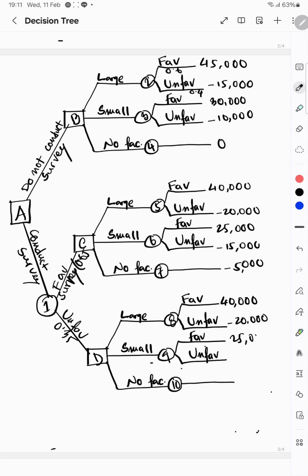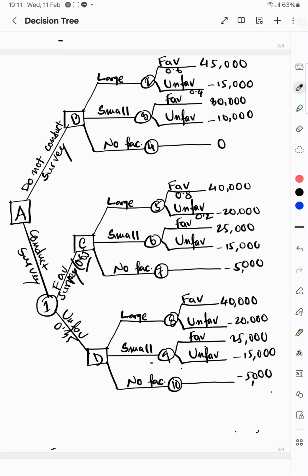So here is 25,000, minus 15,000 and minus 5,000, but the values here are not the same. You see the favorable study here is 0.65, and when the study result is favorable, the probability of a favorable market is 0.8, and the probability of unfavorable is 0.2. In that way we will do all of them.